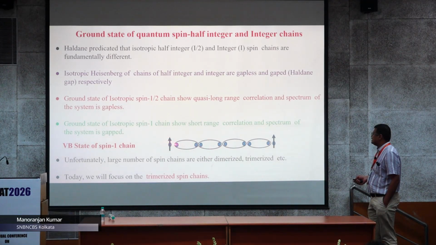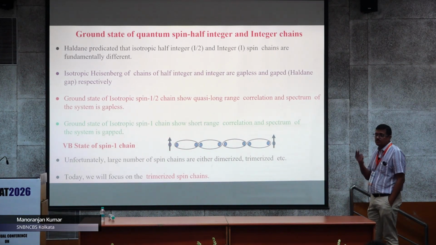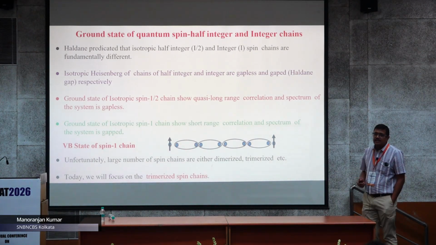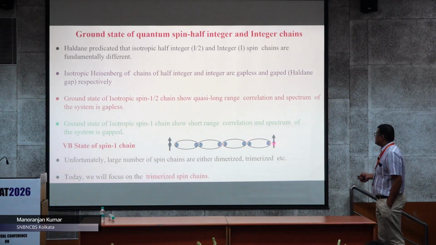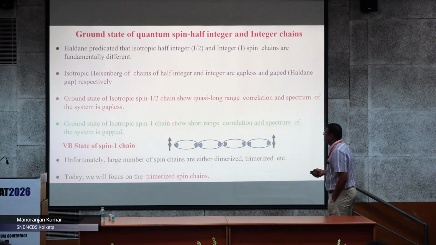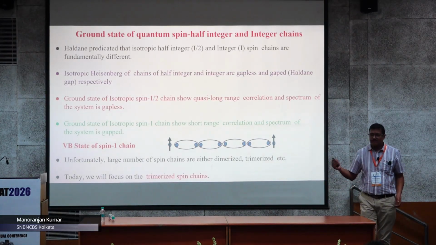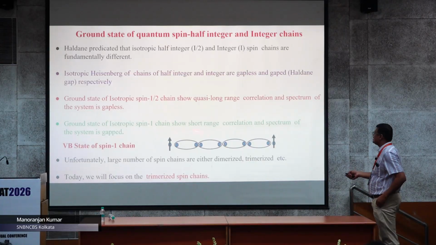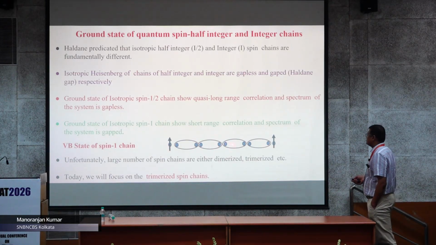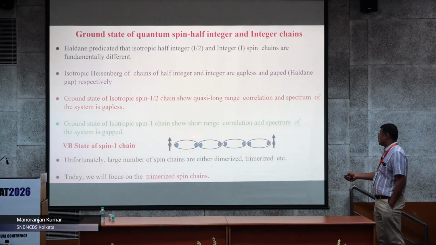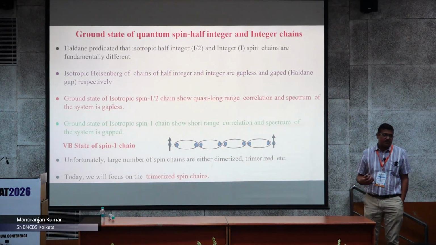So each spin 1 can be divided into two spin halves, and these two spin halves couple ferromagnetically and form a singlet like structure, and at the edge you have two free spins. Okay, so if you put the periodic boundary condition, these edge spins will go, but effectively what it forms is this VBS state, and if you want to excite anything, you have to break these bonds, and that's how the gap develops, right?